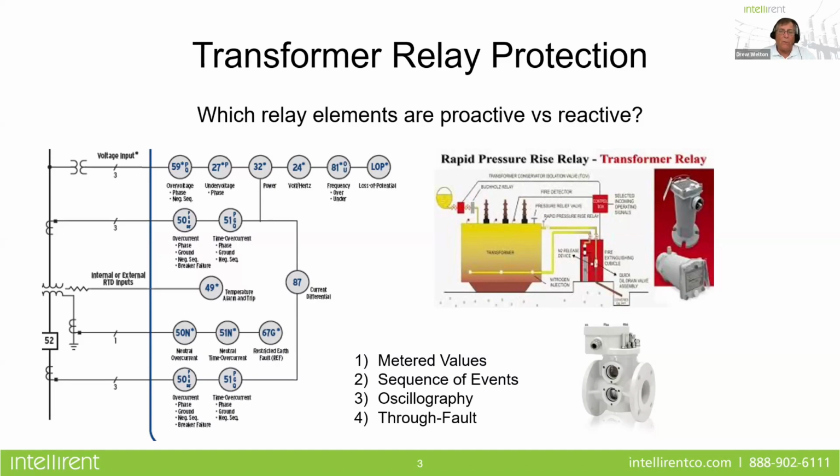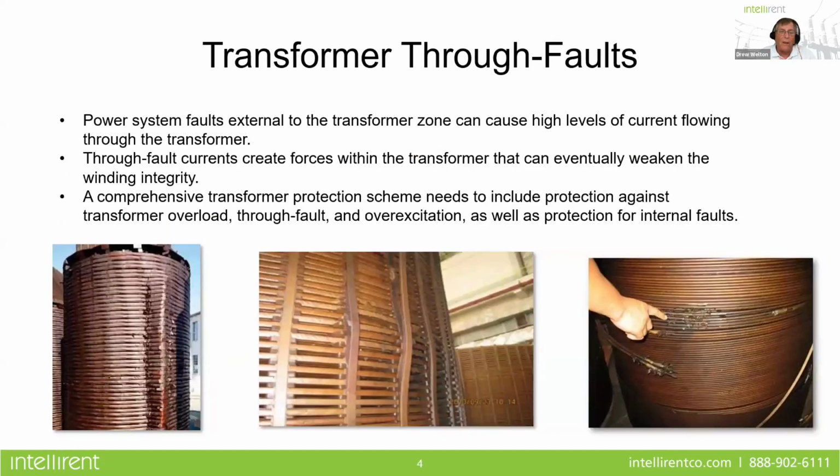So in order to really understand what a through fault is, your power system faults are all external to the transformer zone, and they can cause high levels of current flowing through the transformers. Those through fault currents create forces on the transformer that can actually weaken the winding integrity. So a comprehensive transformer protection scheme needs to include protection against thermal overload.